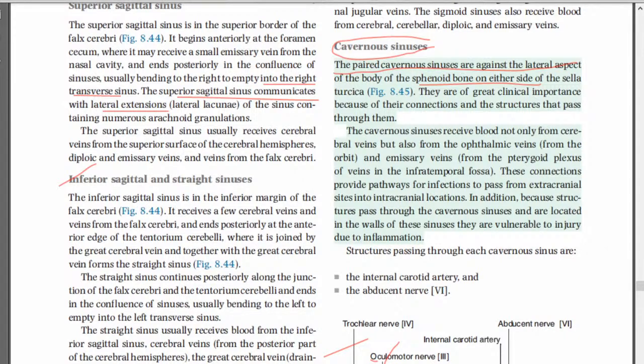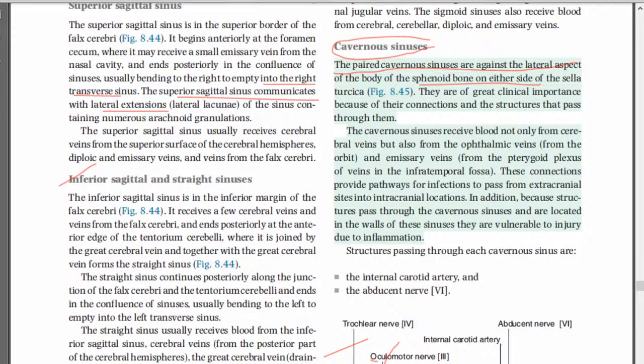It says here that it develops from the cephalic part of the primary head vein, the cephalic continuation of the anterior cardinal vein, and extends from the superior orbital fissure in front.